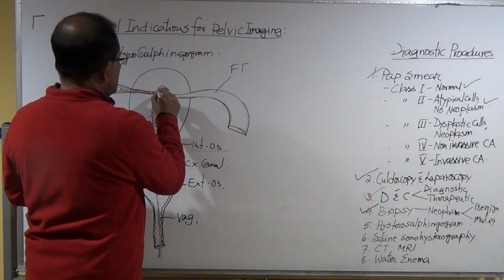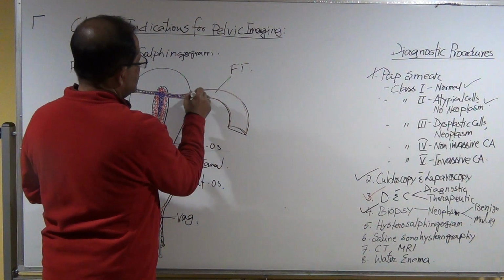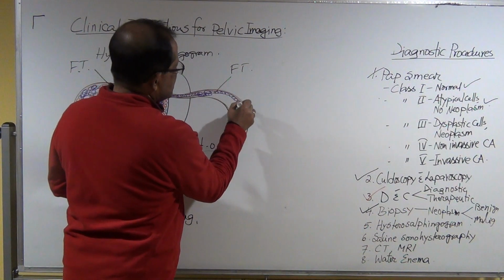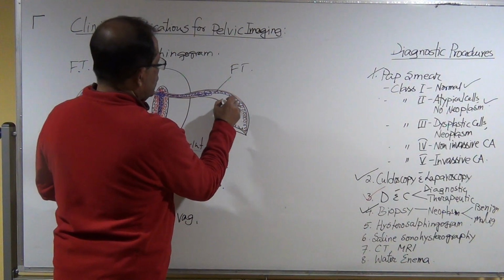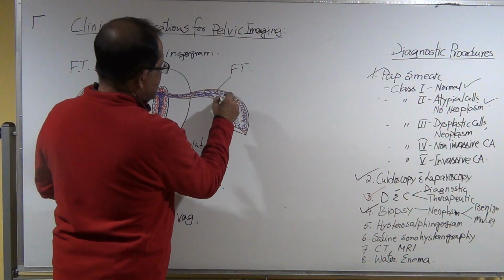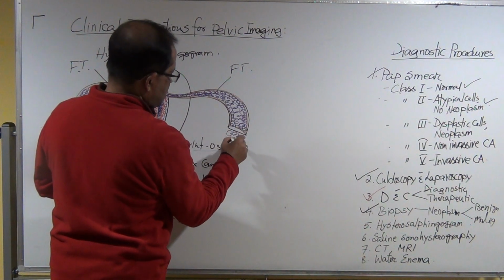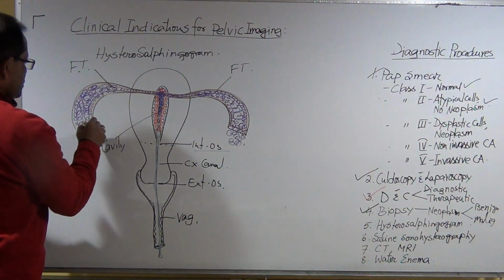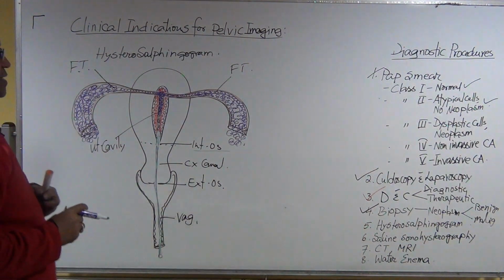If there is no obstruction, that contrast agent should go all through the fallopian tube, and even into the pelvic cavity. Look here. It will come out into the pelvic cavity through the fallopian tube end.